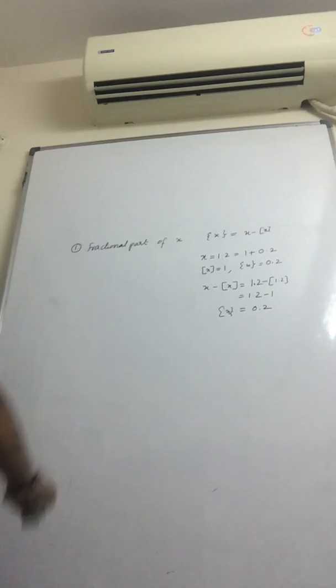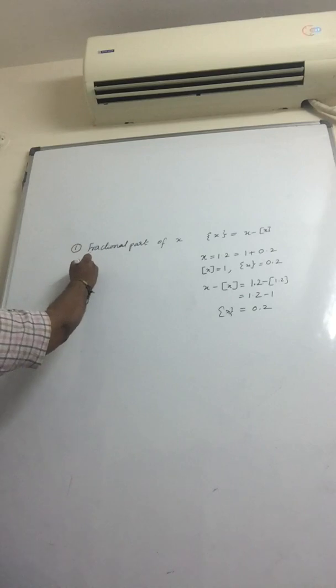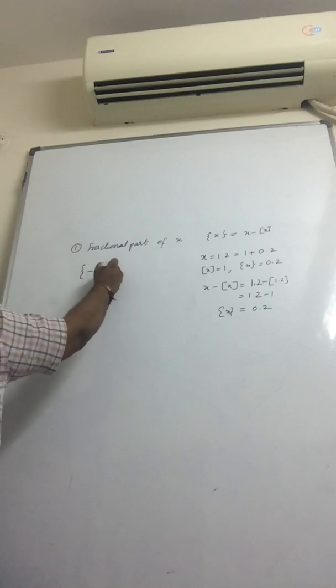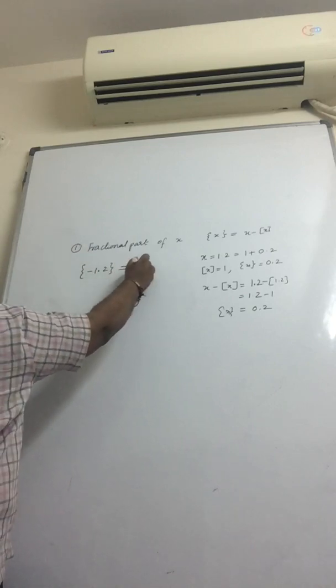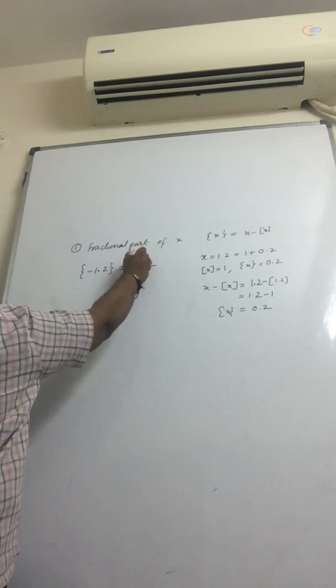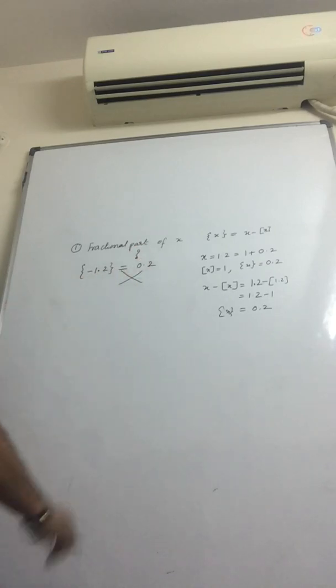How to evaluate the fractional part of a negative number? The basic question here is minus 1.2. Can I write the fractional part as 0.2? The answer is wrong. Fractional part is always positive.